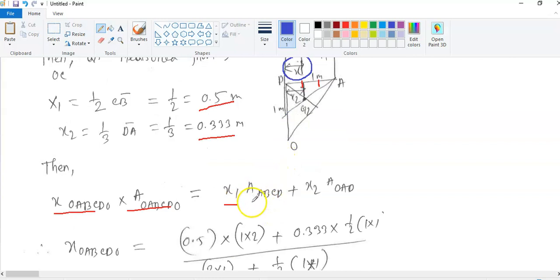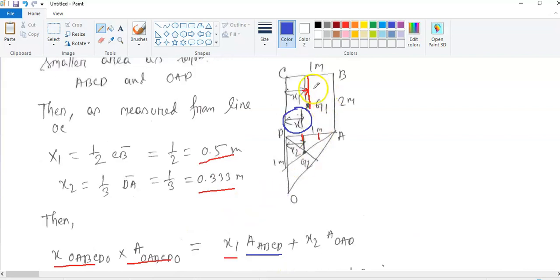So the area of ABCD is 1 into 2, that we did earlier.